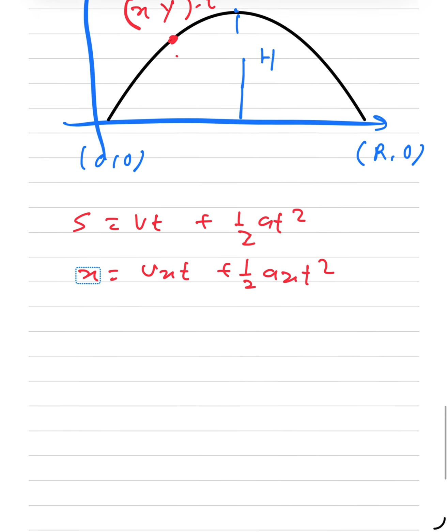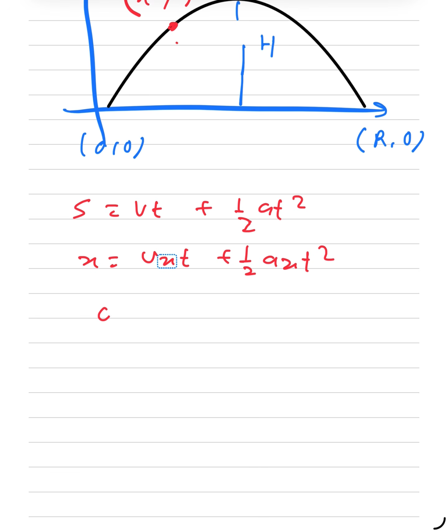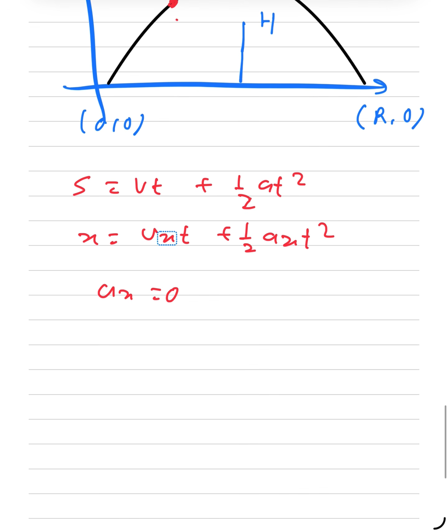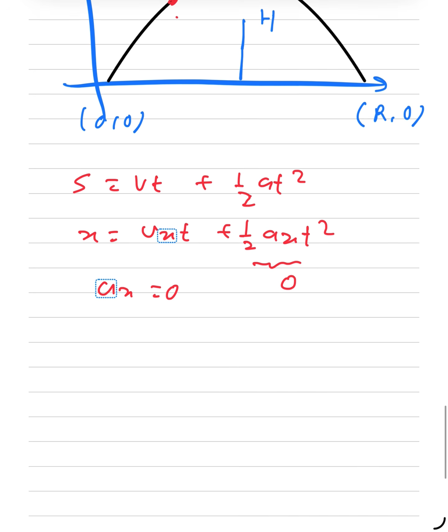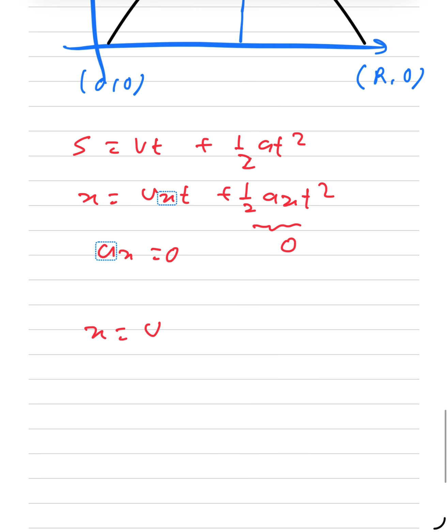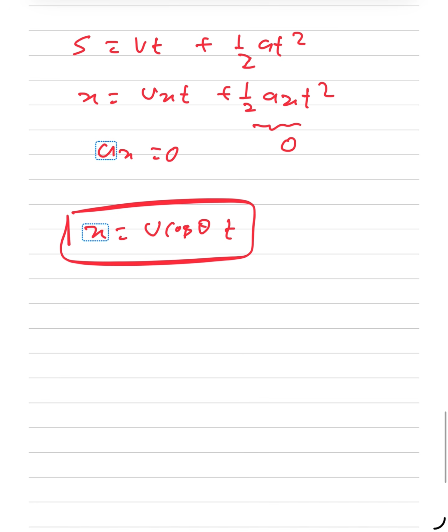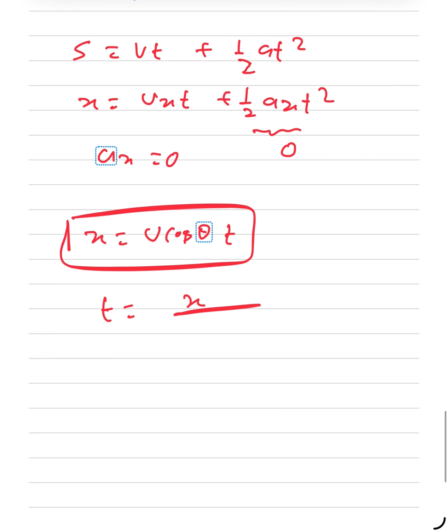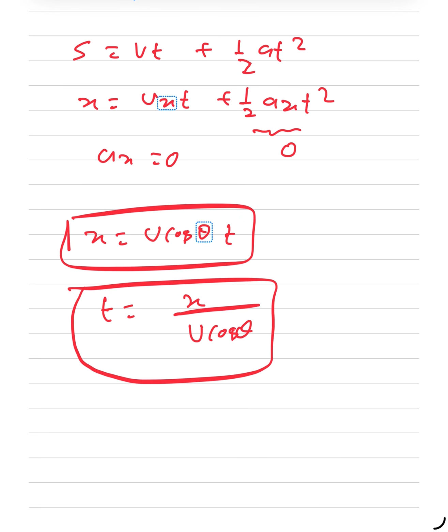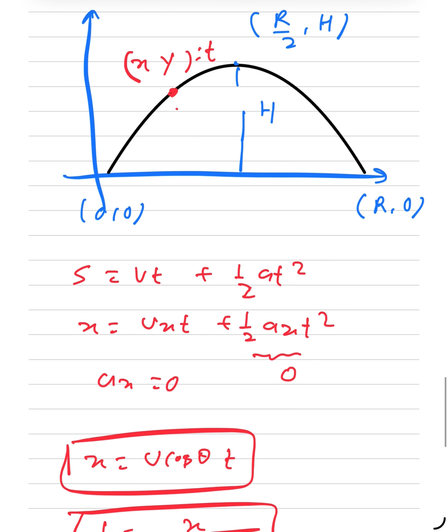For the x direction, x equals uxt plus 1 by 2 axt square, and ax equals 0, so this term becomes 0, and x equals u cos theta multiplied by t, meaning t equals x divided by u cos theta.